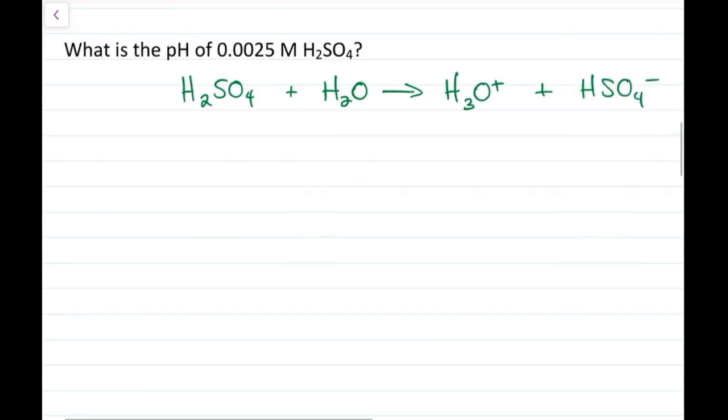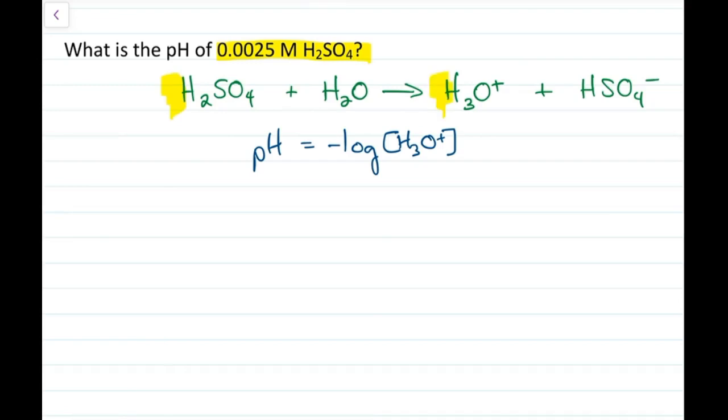All right, so if we're looking for the pH, we know that pH is the negative log of hydronium. Well, I'm not directly given hydronium in this problem, but I am given the concentration of a strong acid. And because this is a 1-to-1 ratio and the ionization is complete, there's no Ka, there's no ICE box problem that we have to do for this. It's just a 1-to-1 ratio.